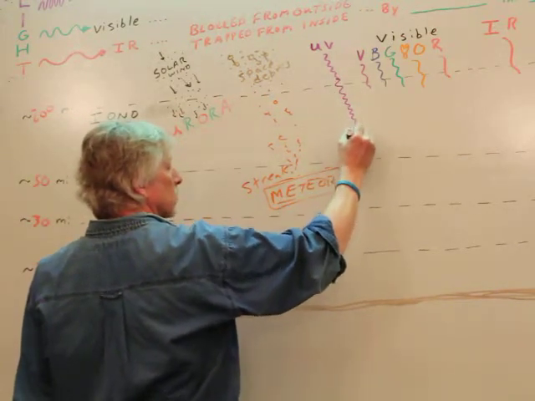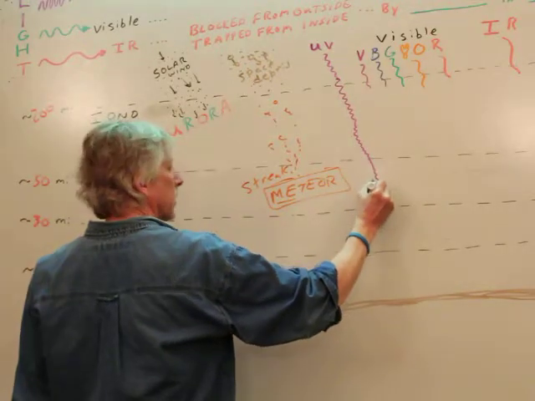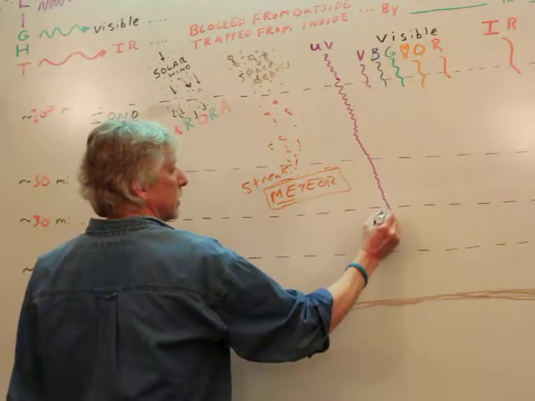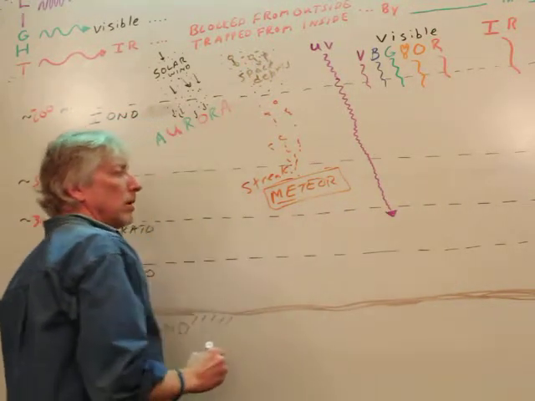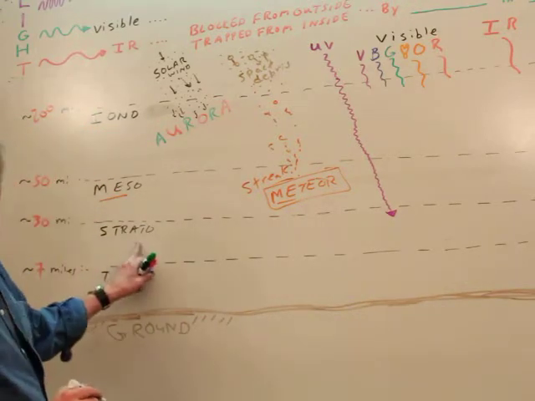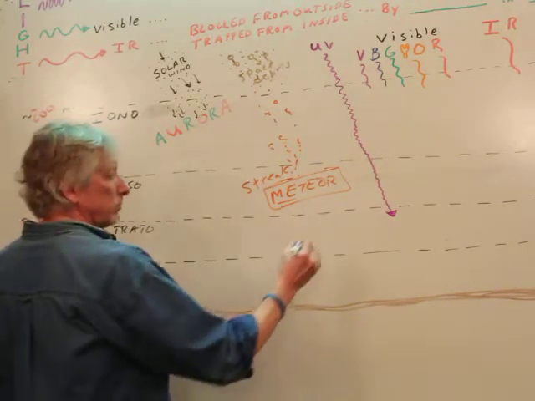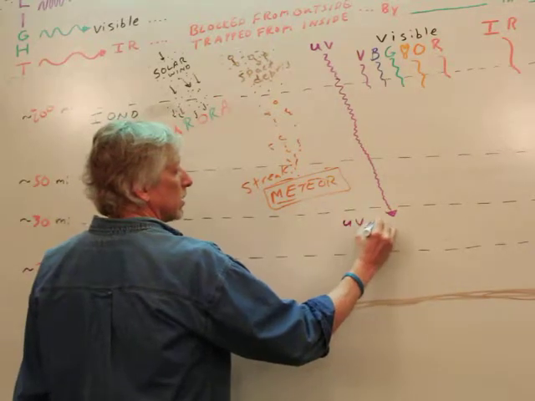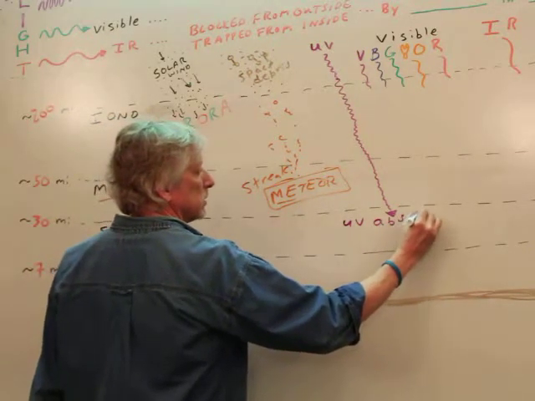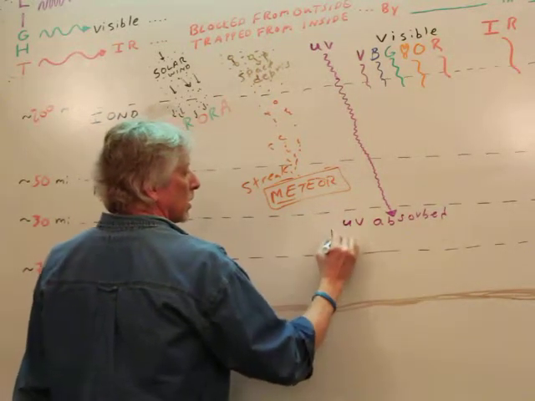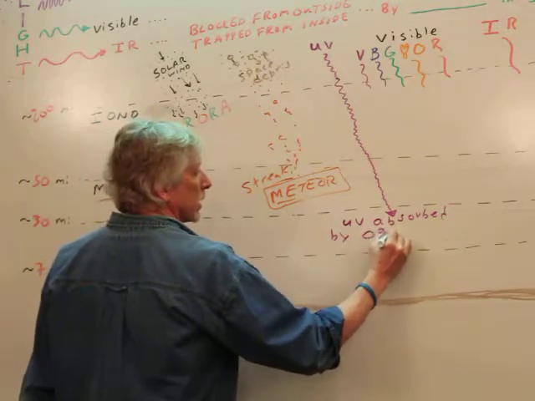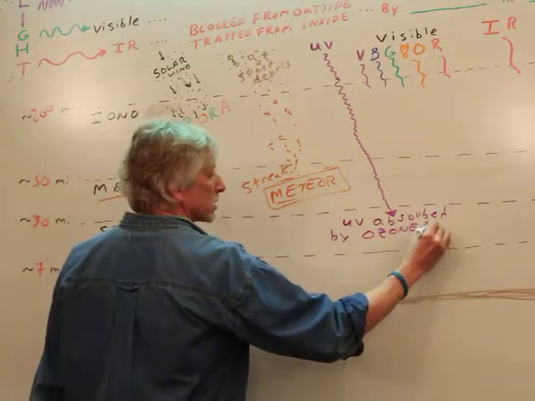High energy light, wiggle, wiggle, wiggle, coming on through, and as you might guess, boom. There's something in the stratosphere. UV is absorbed by ozone, and ozone, by the way, is 3 oxygens.